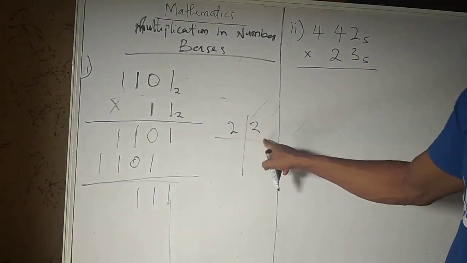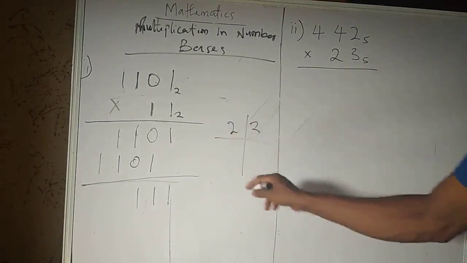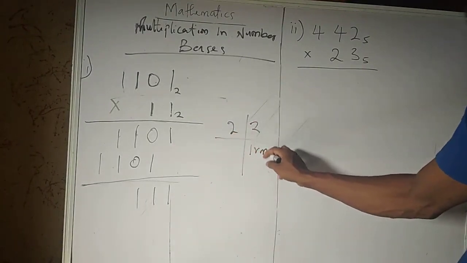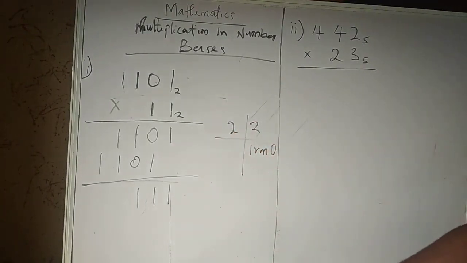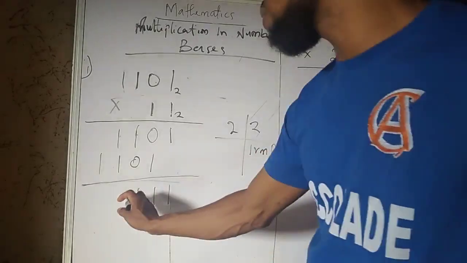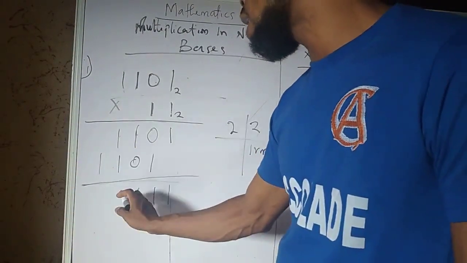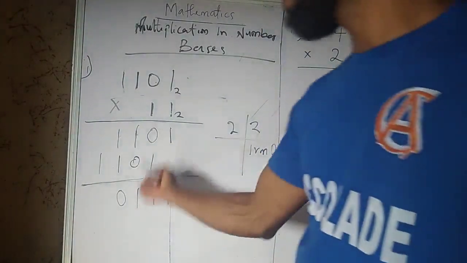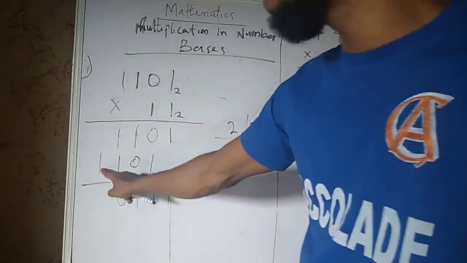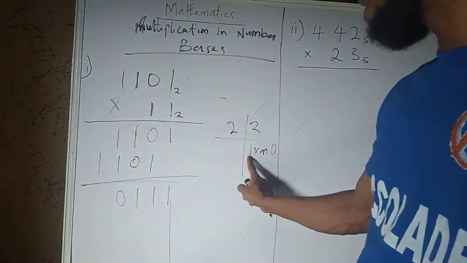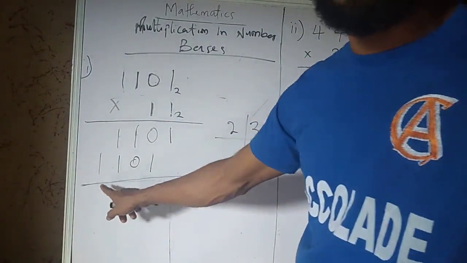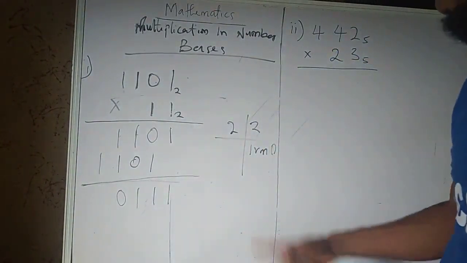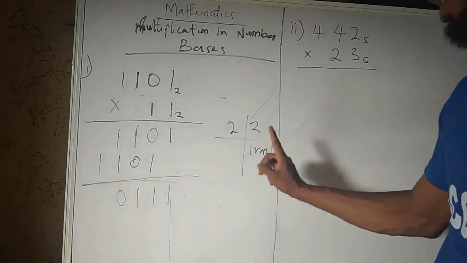We use 2 to divide it. So 2 divided by 2 is going to be 1, remainder 0. That means we write 0 because that's the remainder, and then we take the 1 that is left and add it with the 1 here. It becomes another 2, which we also have to convert to base 2.